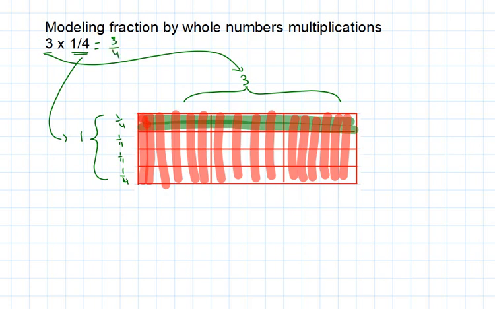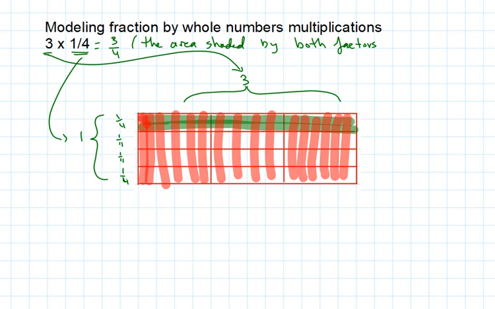Okay, the area shaded by both factors. Remember, factors are the numbers multiplied together. So this is the product, or 3/4.